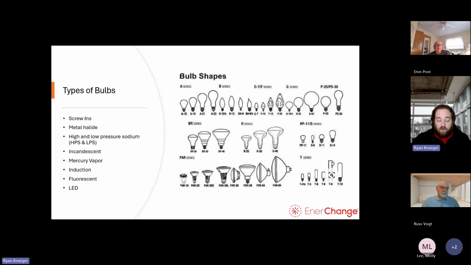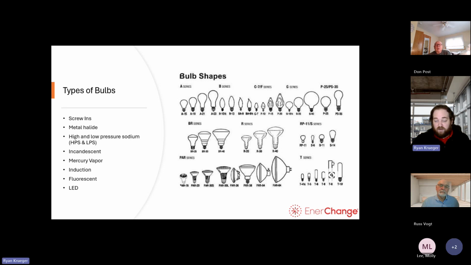All right, so types of bulbs. There are so many types of bulbs, and the image on the right is just screw-ins. It starts with A15s. A19 is the standard screw-in light bulb that you see everywhere. You can go up in size to A21 and then A23, and that's just the A series. With the B series, you're looking at candelabras and more decorative bulbs.